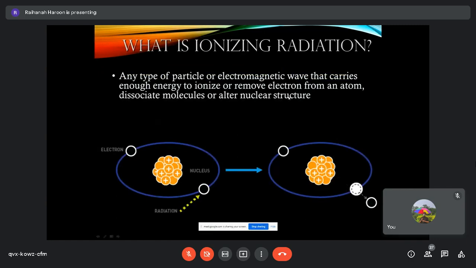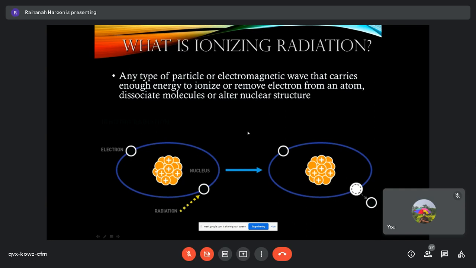Okay, so what is ionizing radiation? Any type of particle or wave that carries enough energy to ionize, or remove an electron from an atom, or dissociate molecules or alter structures. Basically, what this image is going to elucidate is that when it has the capacity or potential to ionize, removal of an electron will occur.